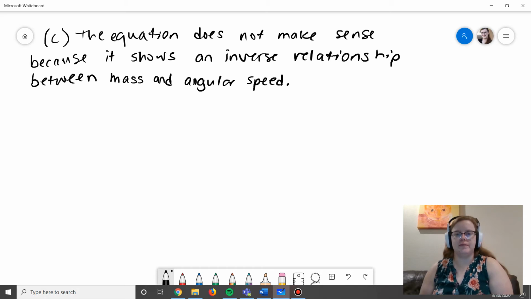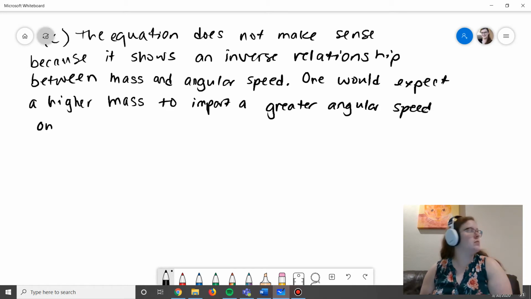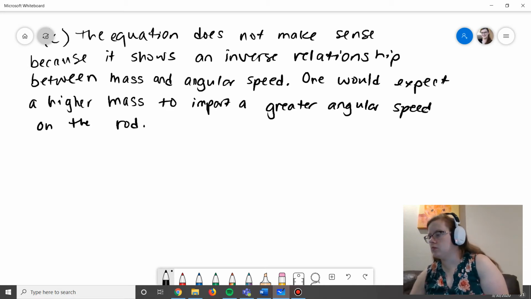So one would expect a higher mass on the rod.